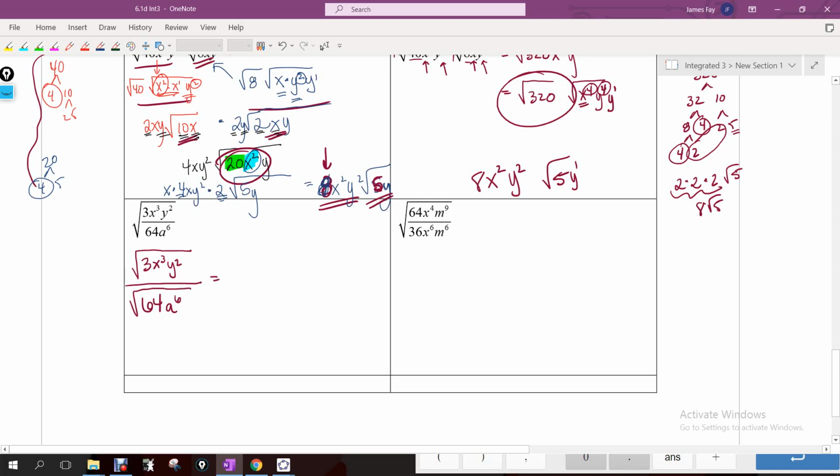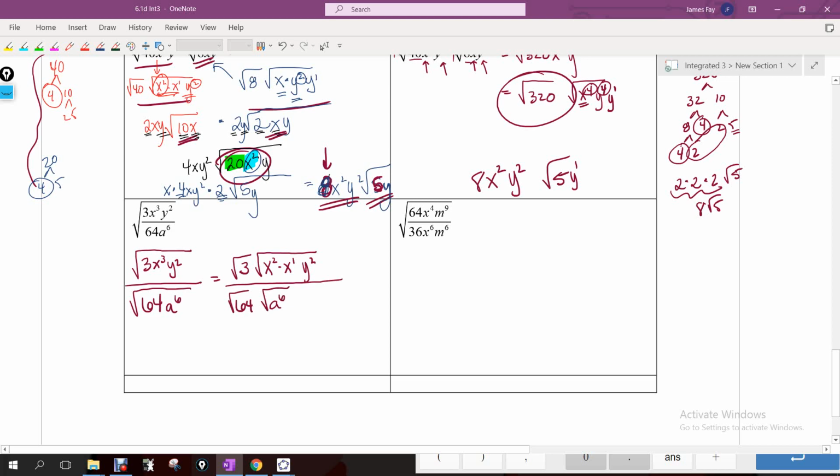So basically you're going to treat this as two problems. You're going to work with the top, root 3, and then x cubed can be rewritten as x squared times x to the first. Y squared stays as y squared. On the bottom, I'll have root 64, and then a to the sixth.